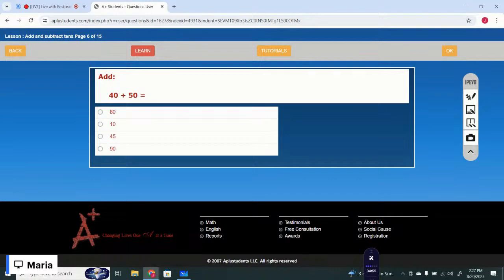Forty plus 50 is that is 90. Option number 4 is the correct option.